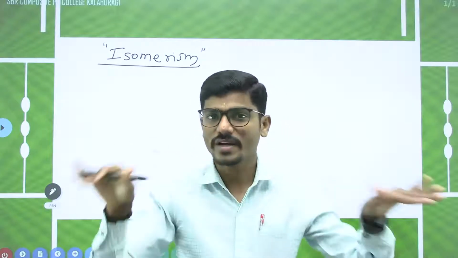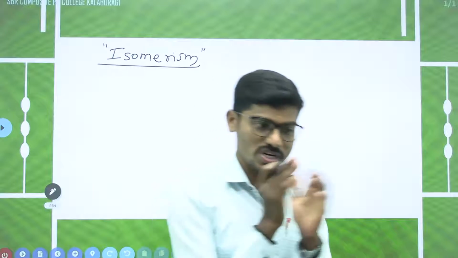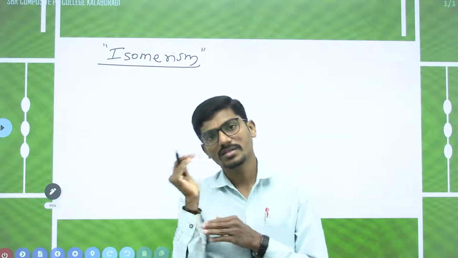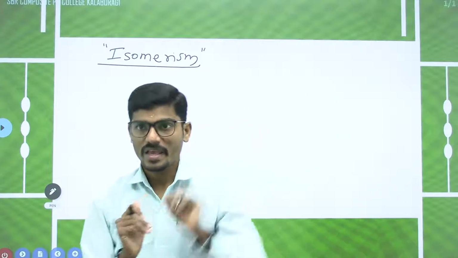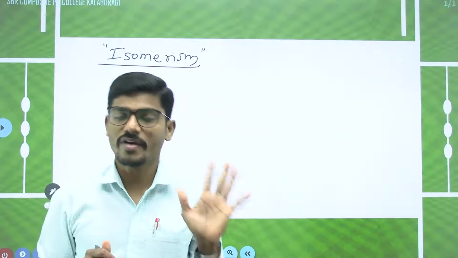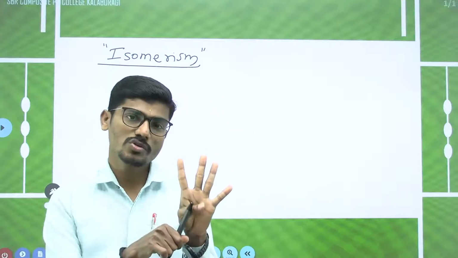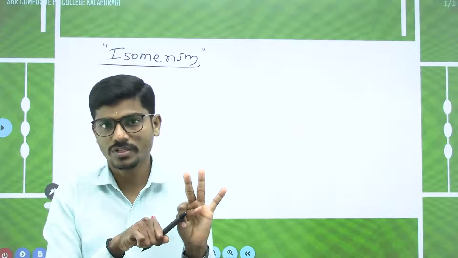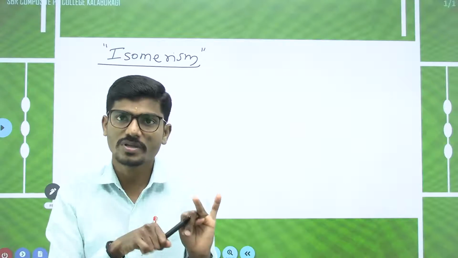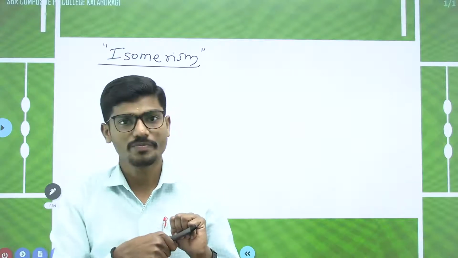Isomers are classified into different types: structural isomerism and stereoisomerism. In structural, we have studied a total of 5 types: chain isomerism, positional isomerism, functional isomerism, metamerism, and tautomerism.